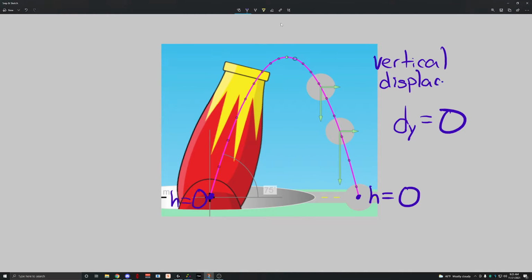Clearly, your horizontal displacement is not 0. Your horizontal displacement would be right here, and this would be dx. But your vertical displacement in the y direction is 0.